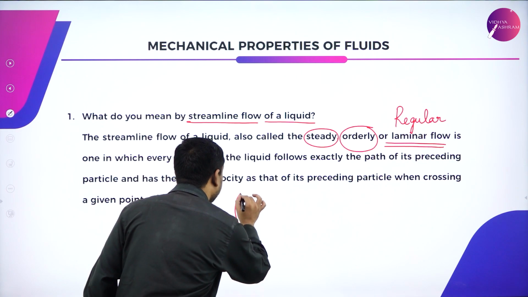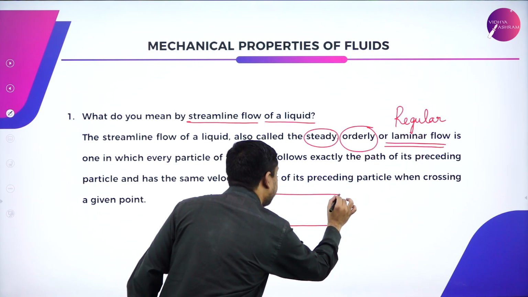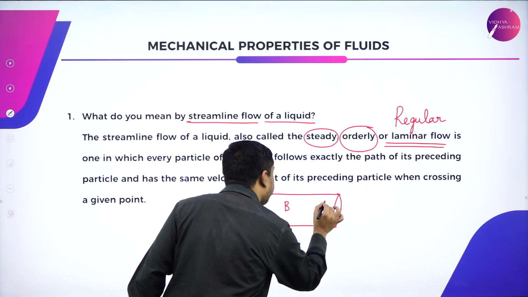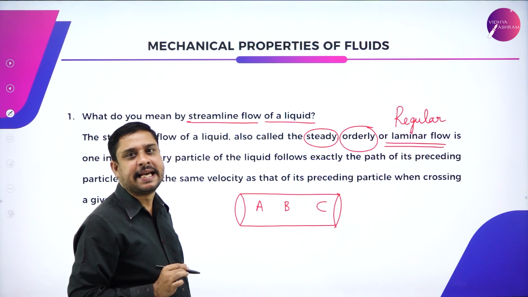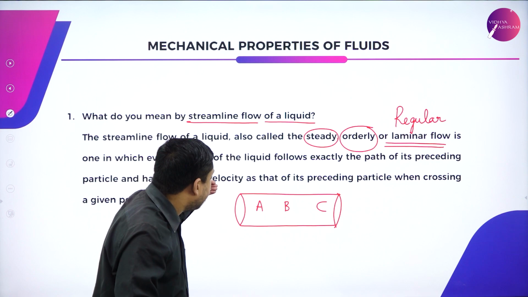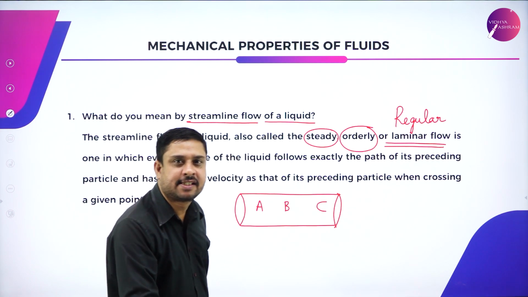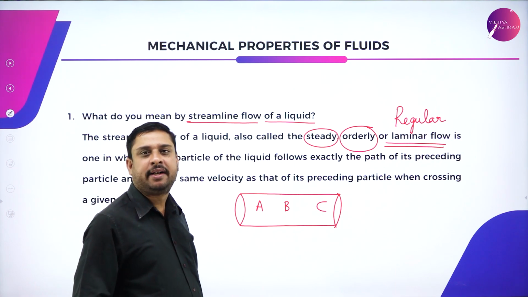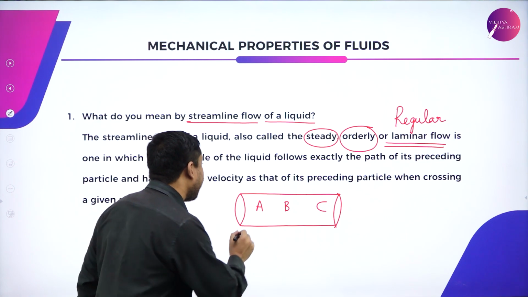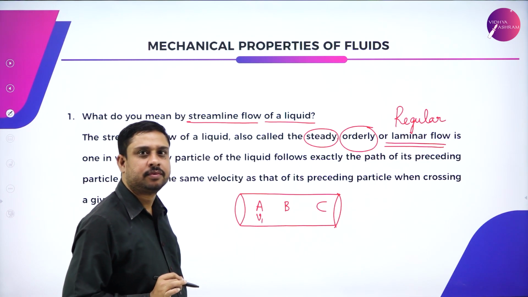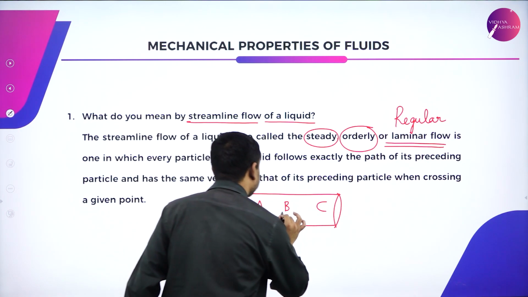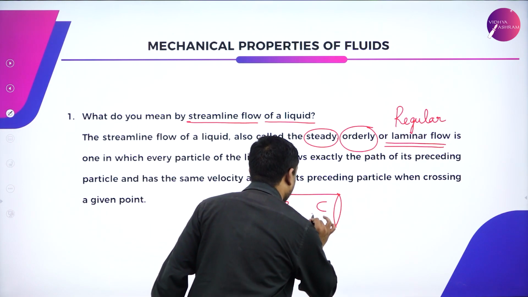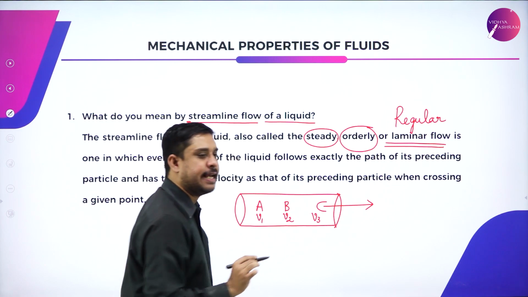So as I told, we will consider a pipe, 3 different points of the pipe, A, B, C. As a liquid flows through this path, the first particle of the liquid enters the point A with velocity v1, moves to the point B with velocity v2, passes to the point C with velocity v3, and finally comes out of the pipe.